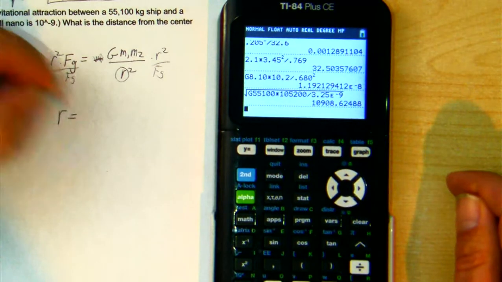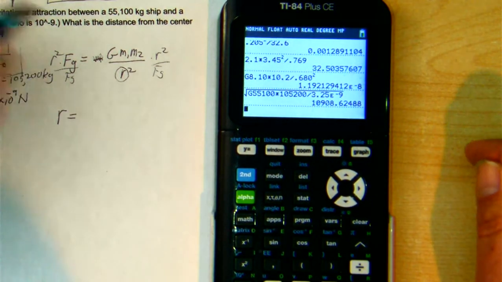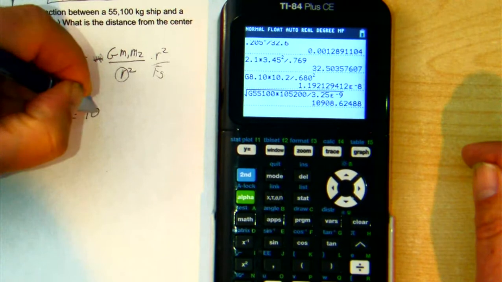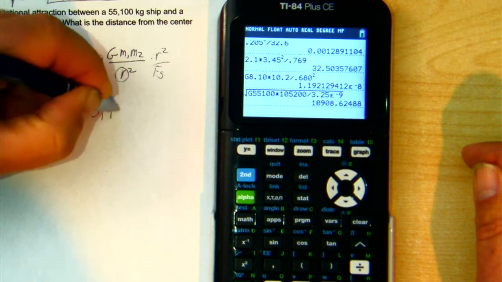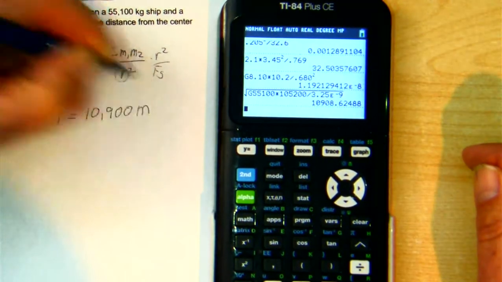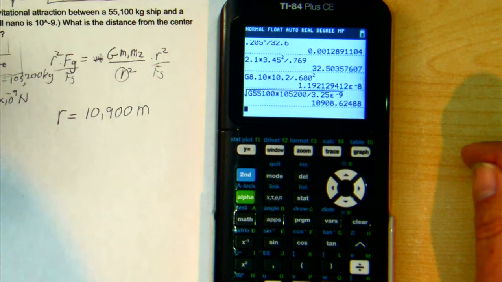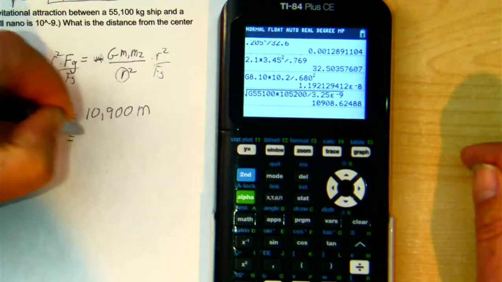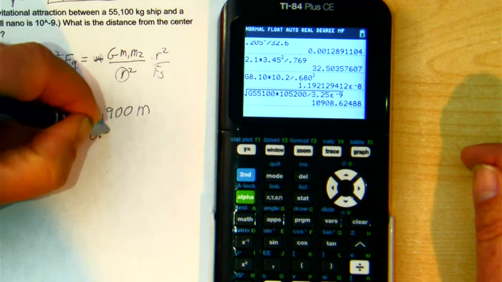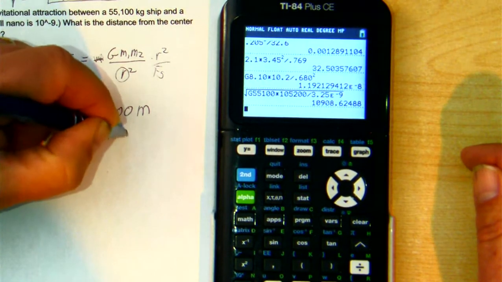The distance from the center of the ship to the center of the jetty is 10,900 meters to 3 sig figs, which would be 10.9 kilometers.